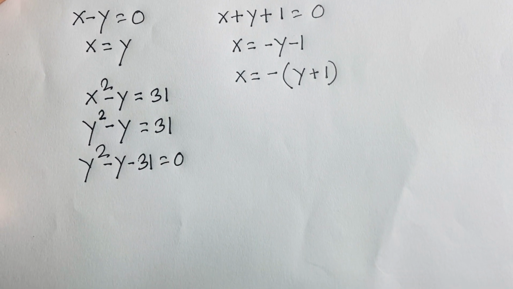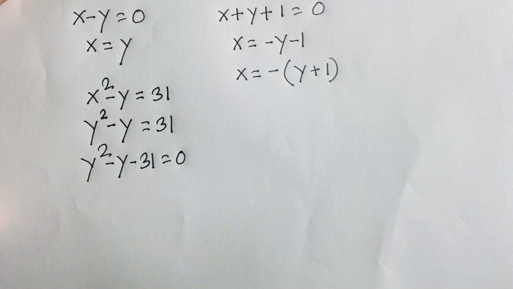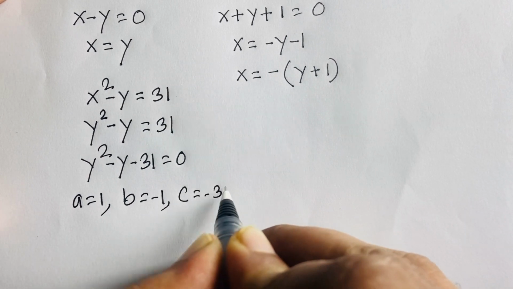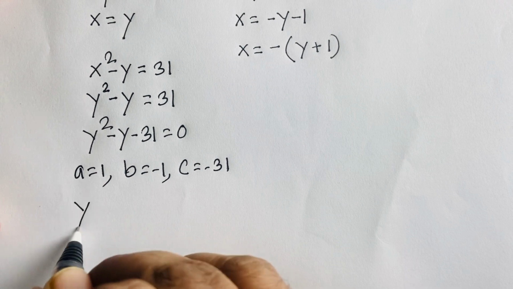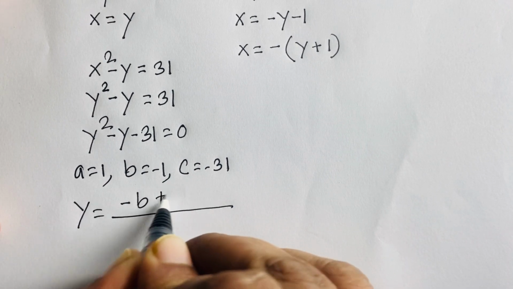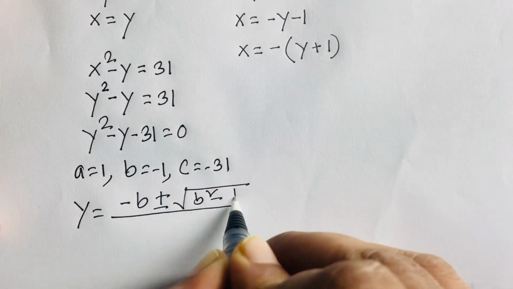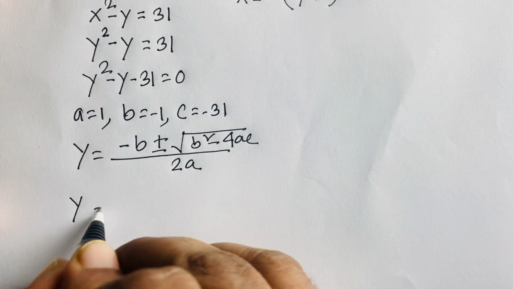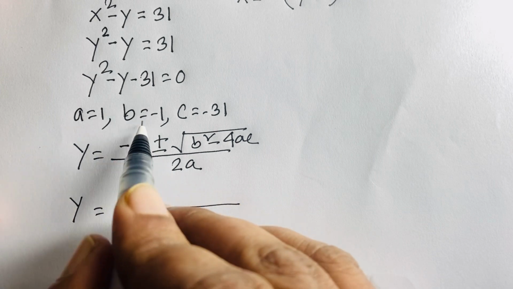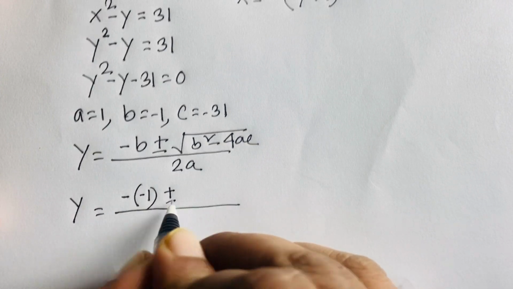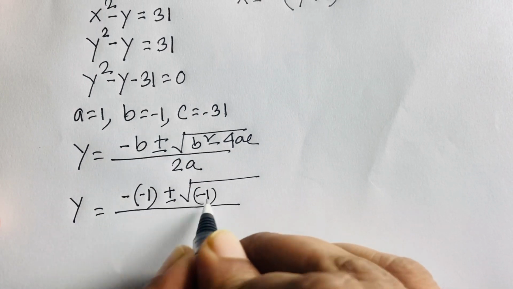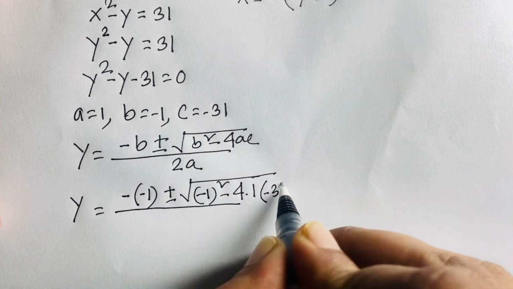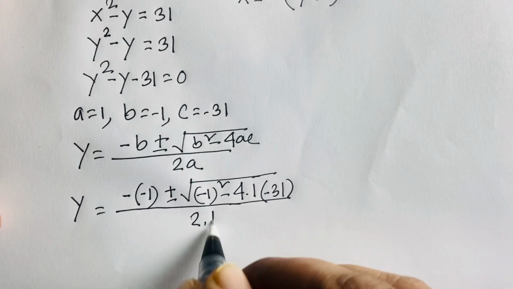So it is a quadratic equation, and in this case a is equal to 1 and b is equal to minus 1 and c is equal to minus 31, and y is equal to minus b plus minus square root of b square minus 4ac over 2a. Then y is equal to minus b, b is minus 1, plus minus square root of b square, b is minus 1 whole square, minus 4a, a is 1 and c is minus 31, over 2a, a is 1.